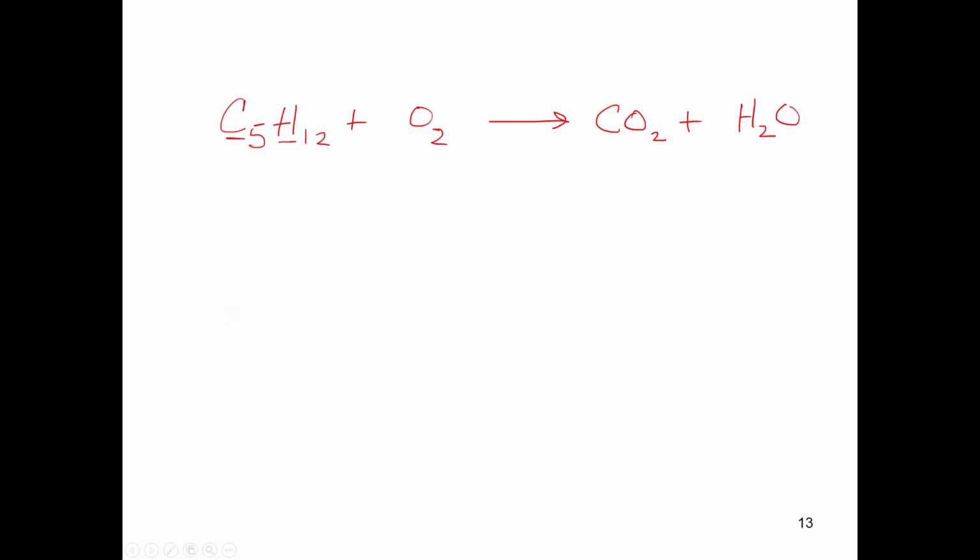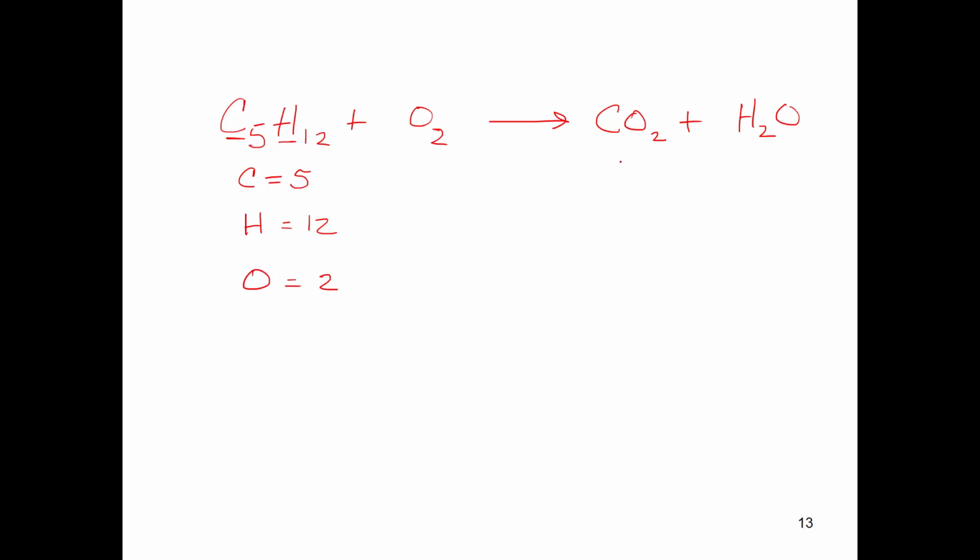So the first thing that I do is I take inventory of what I have on each side. So on my left-hand side, I have 5 C's, I have 12 H's, and I have 2 O's.